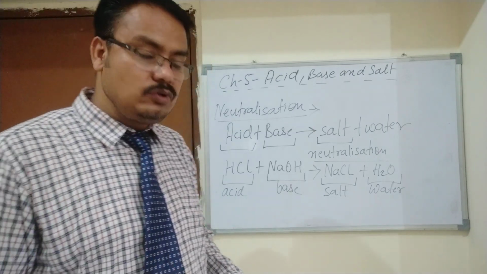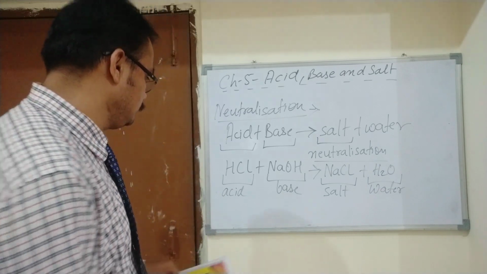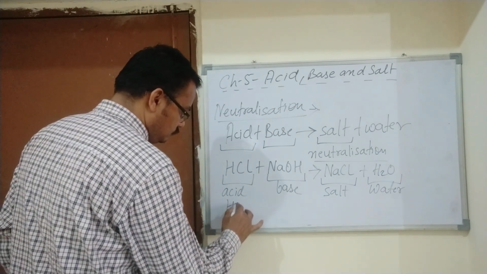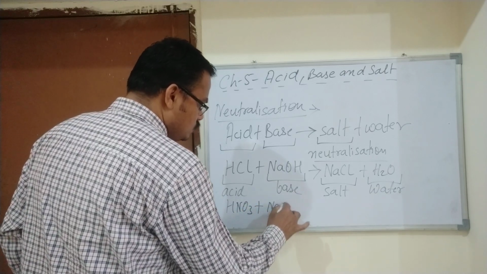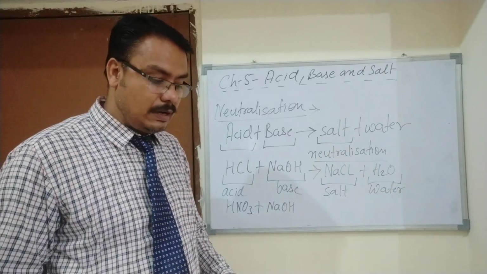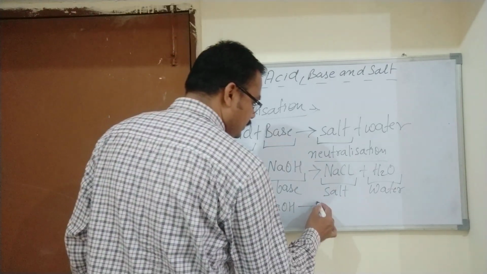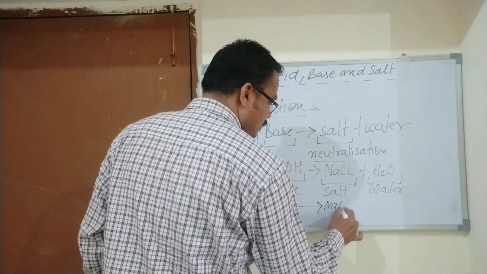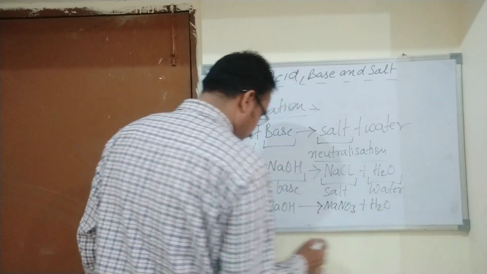One more example I am going to explain is nitric acid, HNO3. When it comes in contact with sodium hydroxide, it forms sodium nitrate plus H2O.